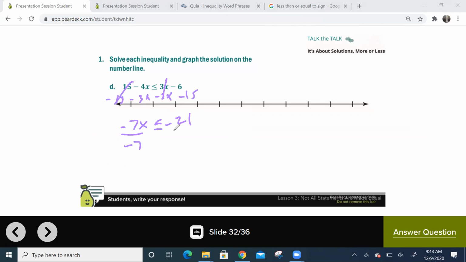Divide both sides by -7. Since I'm dividing by a negative, I'm going to flip the symbol and I'm going to get x is greater than 3. So I'll put 3 right here, make it a closed circle because we do have an equal to part, and it's going in this direction. Okay, x is greater than 3.